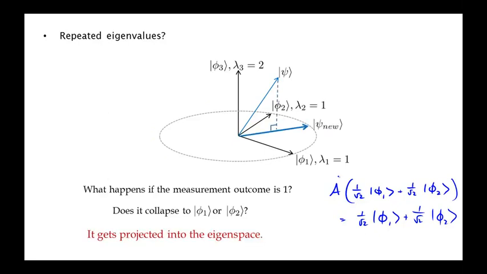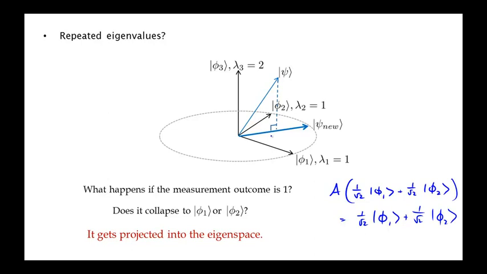So the outcome of this measurement would be either 1 or 2, and if the outcome is 1, then the new state is just the state psi projected onto this eigenspace. Right? So you project it into this plane. Okay? And what's the probability that you'll get this outcome?